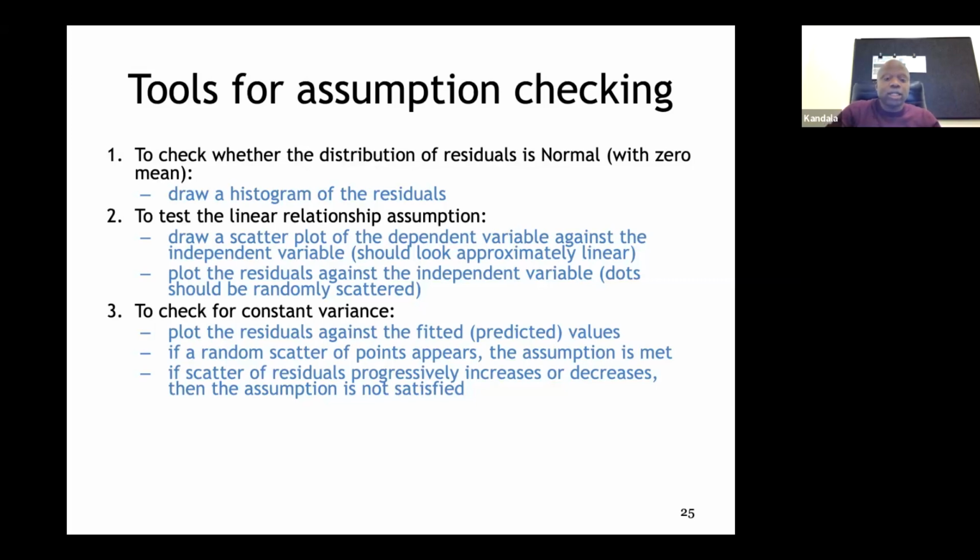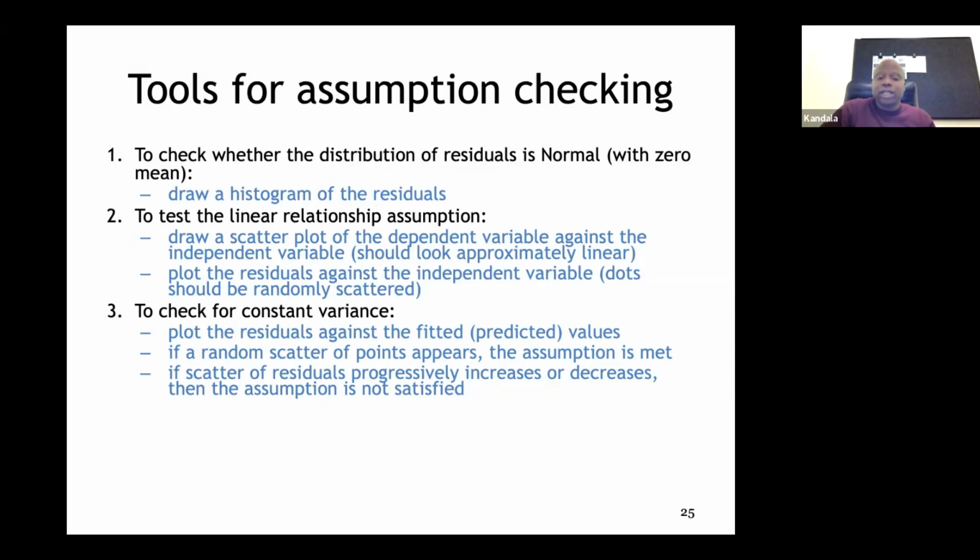Then to check the constant variance, you may plot the residuals against the fitted predicted values. And if a random scatter of points appears, then the assumption is met.